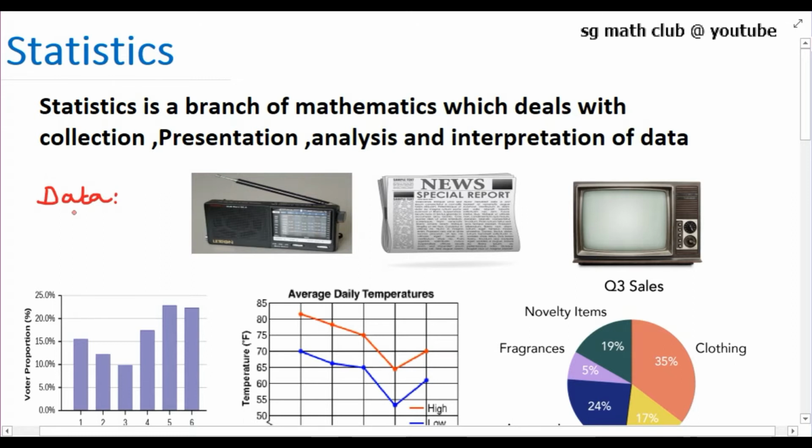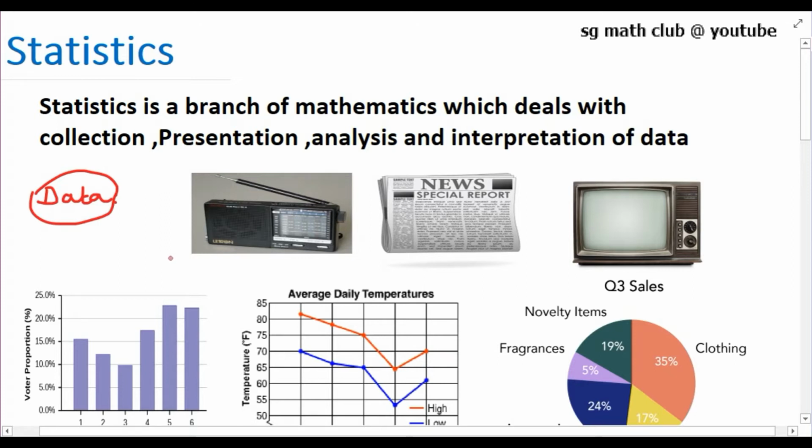Now our world is becoming more and more information oriented. Every part of our life utilizes data in one form or the other. So it becomes essential for us to know how to extract meaningful information from such data.